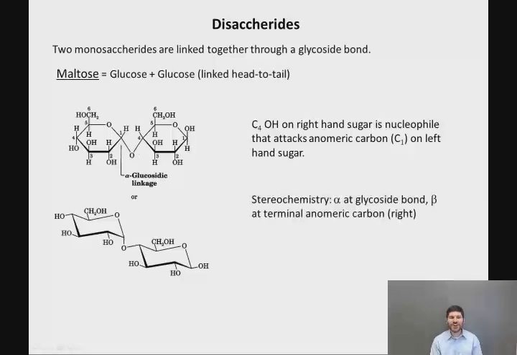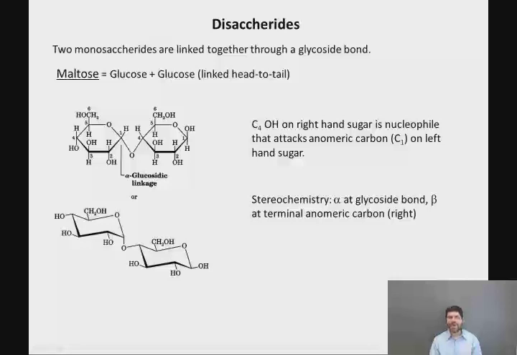In terms of the stereochemistry, at the anomeric carbon of the left-hand sugar, the second glucose is occupying the alpha position. It's down below the mean plane of the left-hand glucose. So therefore we say that the stereochemistry at the glycoside bond is alpha.